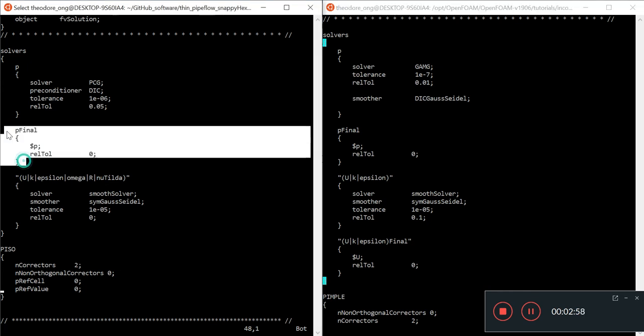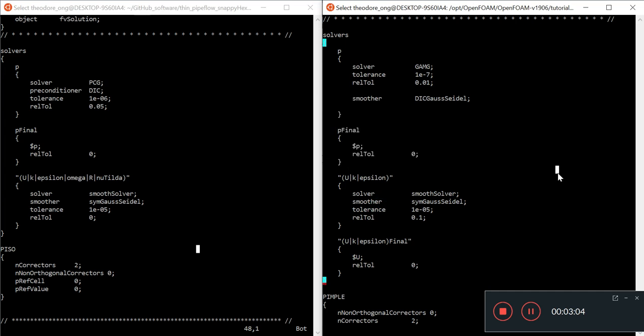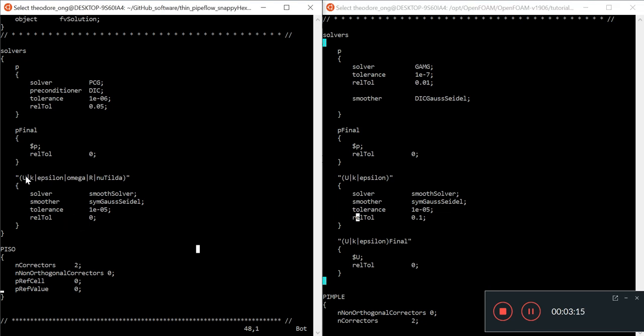And pFinal, what's the difference between p and pFinal? We can talk about that in the coming videos, because you've got to understand how the algorithm runs. Then you have the U, k, epsilon, omega, R, nuTilda. These are all the turbulence parameters that we're talking about.